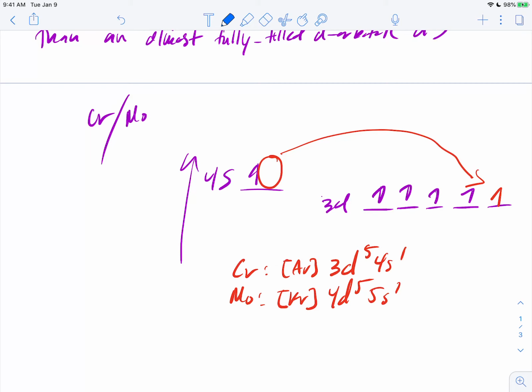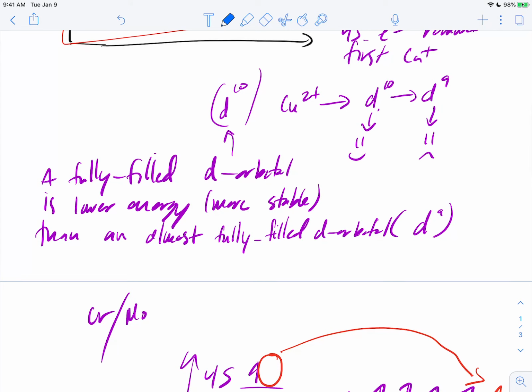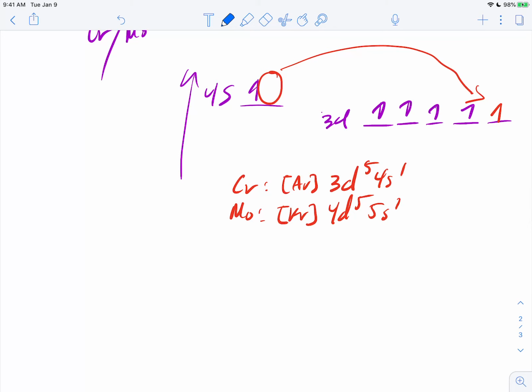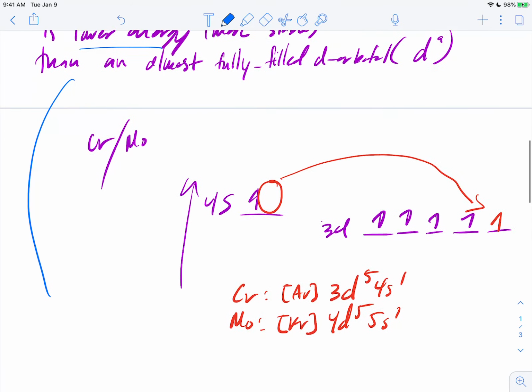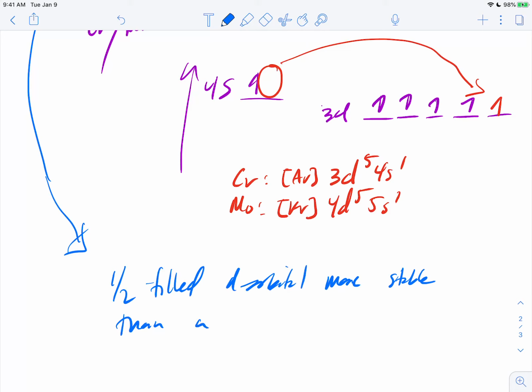So just be aware. And I guess to point out here, we said a fully filled d orbital is lower energy, and we have the same kind of thing here: a half filled d orbital is more stable than an almost half filled d orbital.